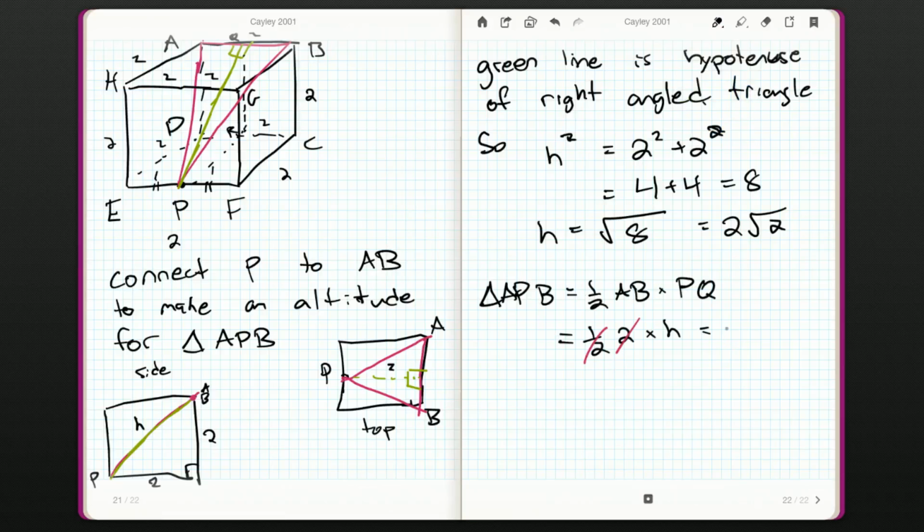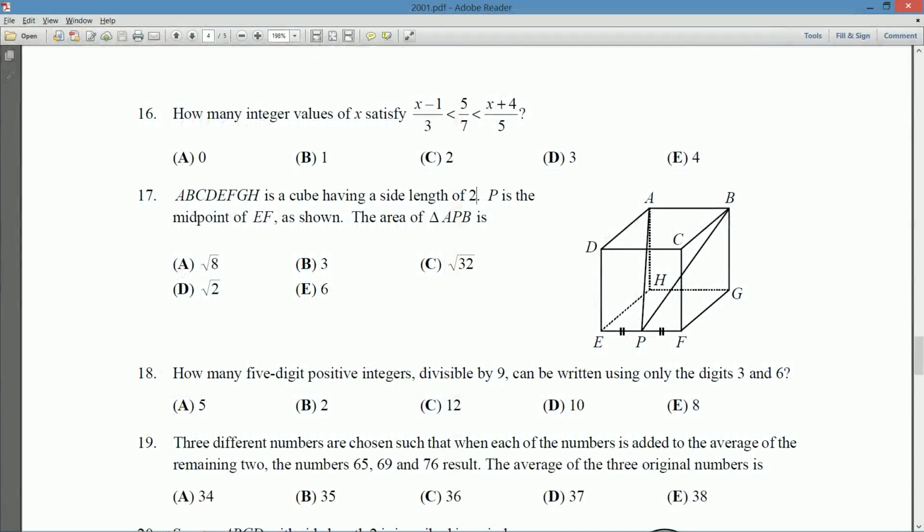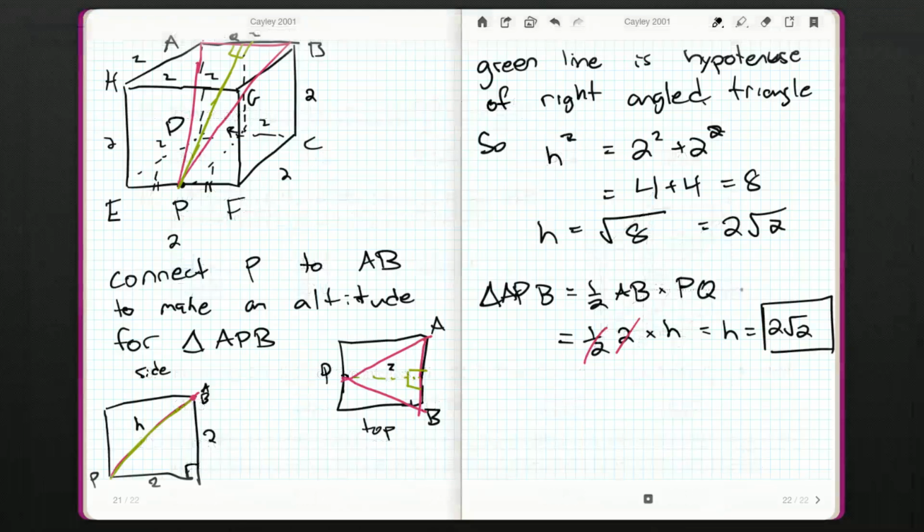So we'll just be left with H, which is 2 root 2. And that should be the area of triangle APB, and that's what they were asking for in this question. So I guess we should have left it as root 8. And that's answer A.